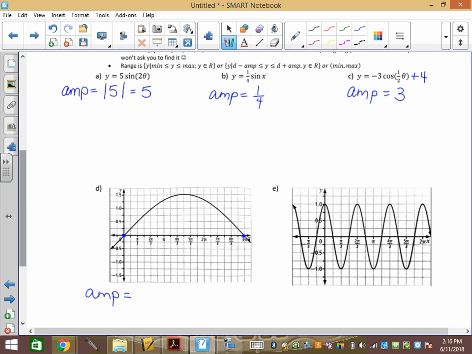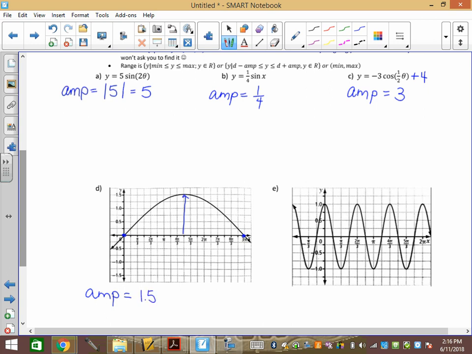So this would be half the way, not the full way. So it would be 1.5, which is what? Which is half of it, which is my amplitude, right? Amplitude is half the distance, correct? I know half the distance. So my amplitude is 1.5.